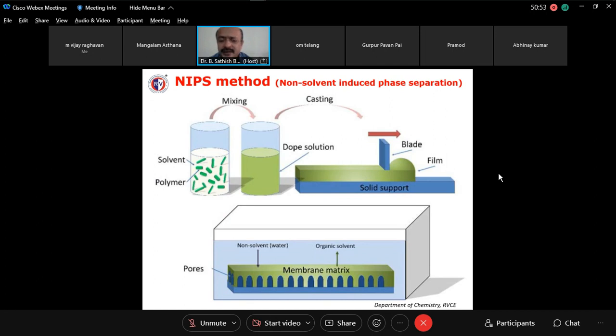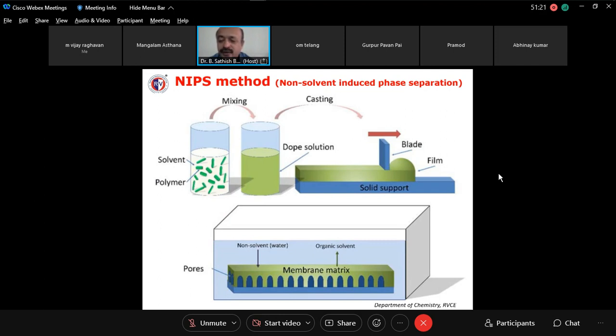Right. Very simple method. Select a suitable polymer, dissolve it in one organic solvent which is miscible with the water, and spread it on the solid surface. Make it a uniform surface by using some gliders or blade. There are many techniques to make a uniform surface. So dry it partially, then you dip it in the water, right? So if you dip it in the water, what happens?